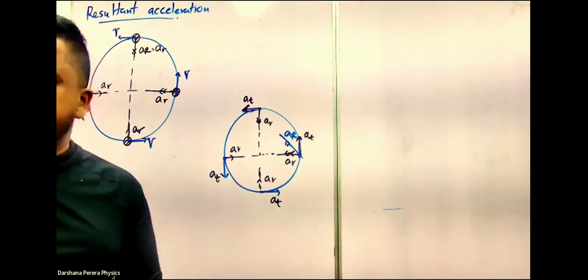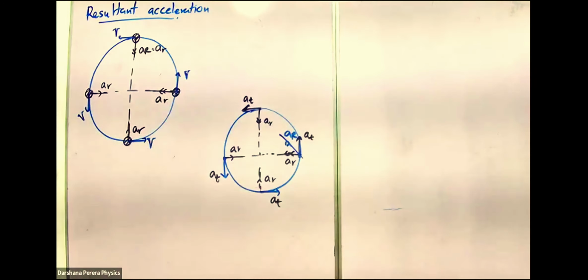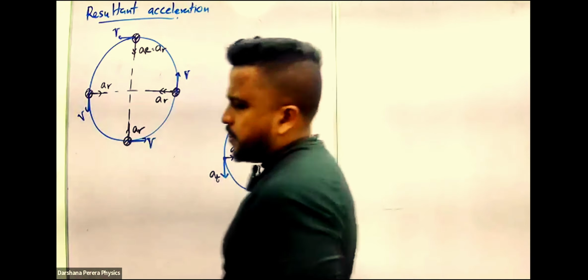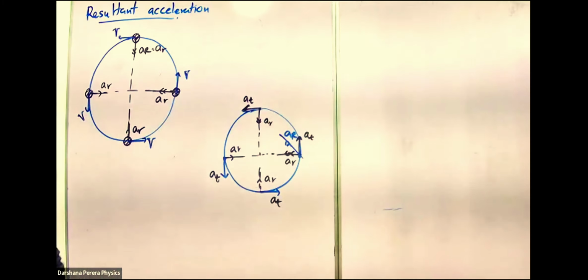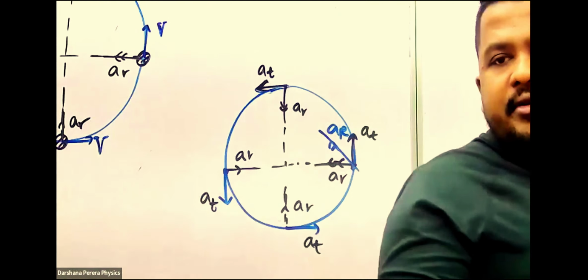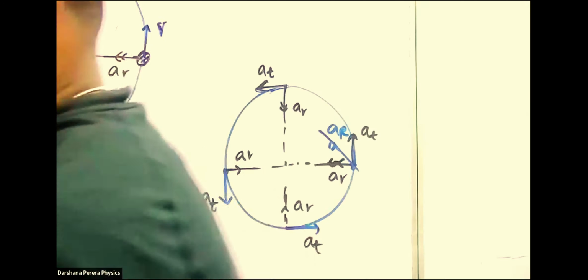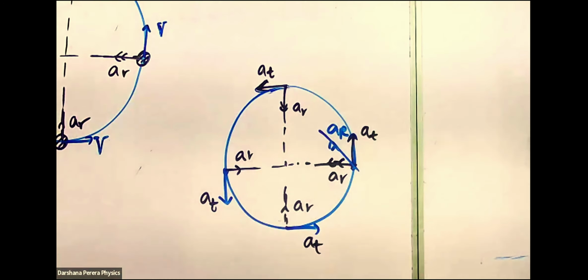When a particle doesn't have a uniform velocity, it may have radial acceleration and tangential acceleration. They are perpendicular to each other.